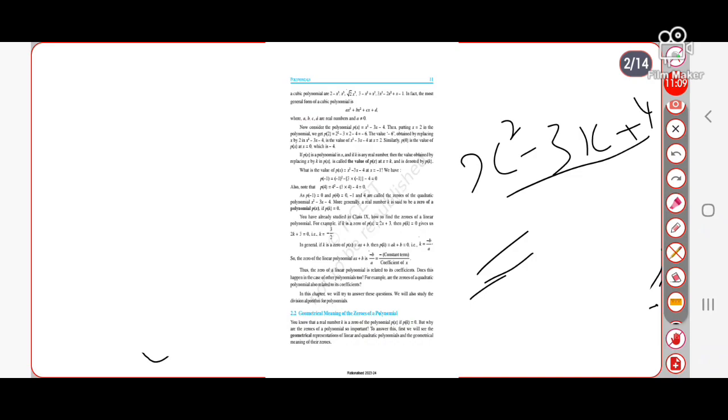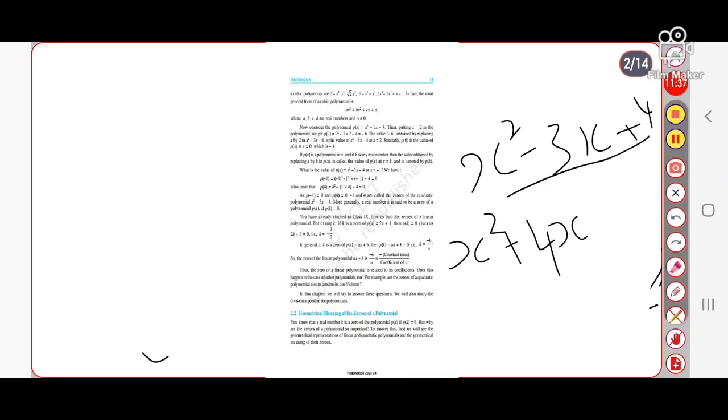What will come if we split the middle term and find the x value? We arrive at, yes, 4 and 1, x square minus 4, sorry, plus 4x.